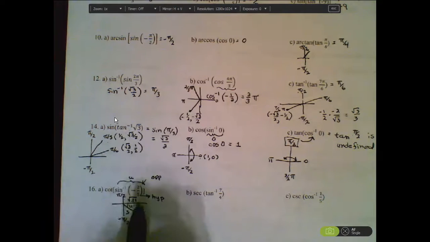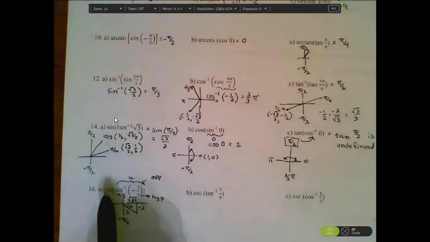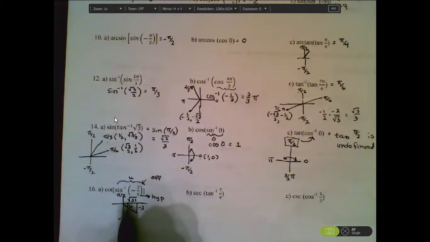So now, even though I don't know the degree measure or the radian measure of U, I can still find cotangent of U because I know the definition of cotangent. Tangent is opposite over adjacent. Cotangent is adjacent over opposite.